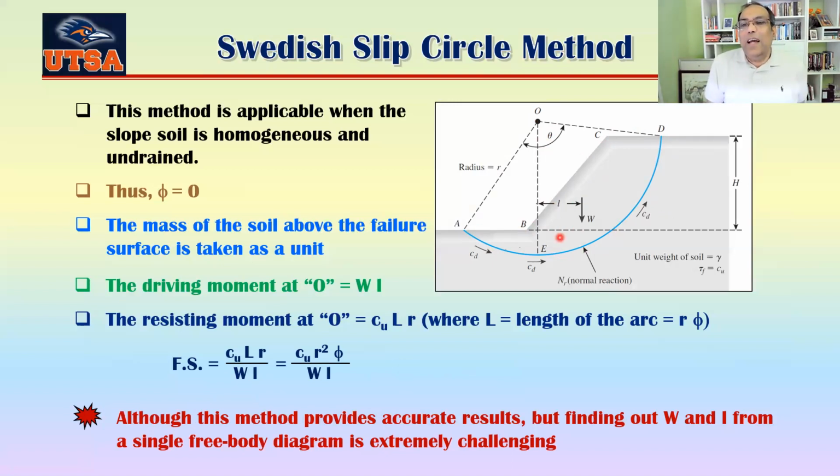But finding the area is also very difficult to do. And definitely finding your centroidal distance from point O is also difficult. That's why, even though this method is very accurate, usually we don't do it this way. We usually try to make different slices and calculate from there.